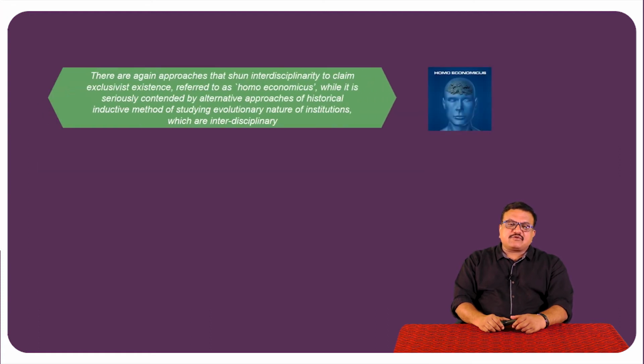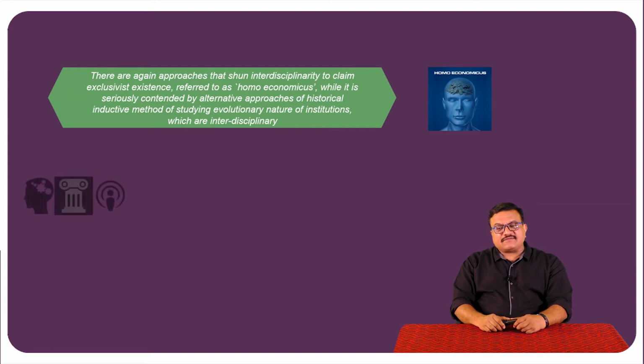There are also approaches that shun interdisciplinarity to claim exclusivist existence, referred to as homo economicus, while it is seriously contended by alternative approaches of historical inductive methods of studying the evolutionary nature of institutions, which are interdisciplinary and economies.